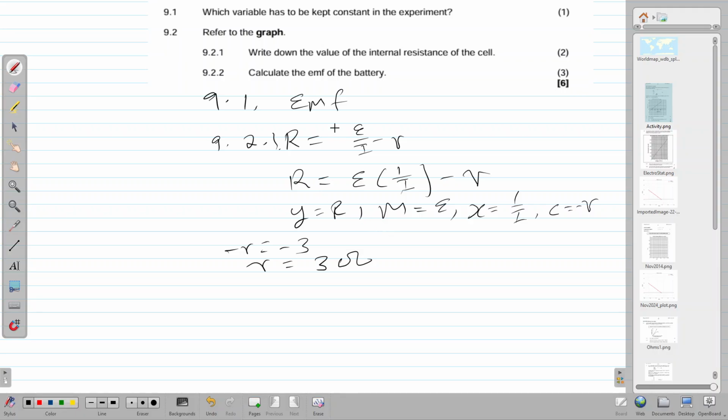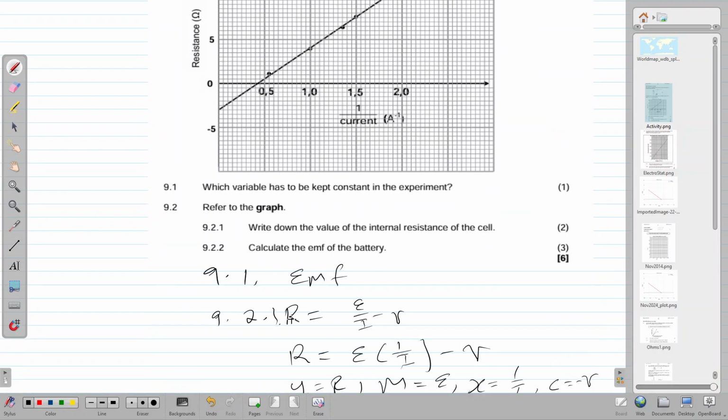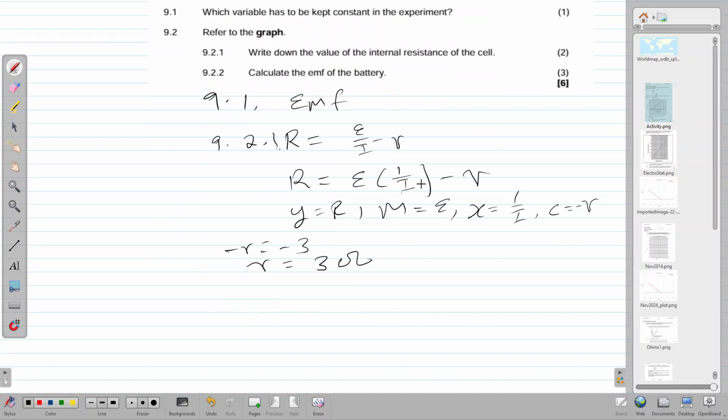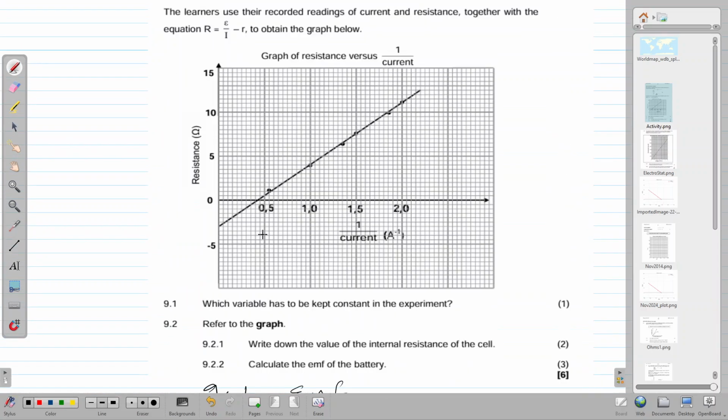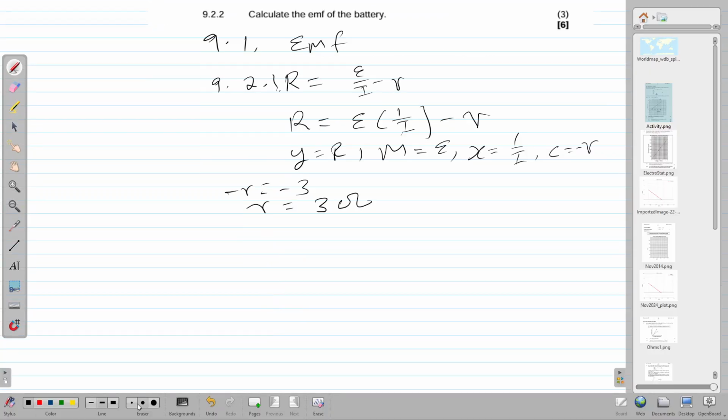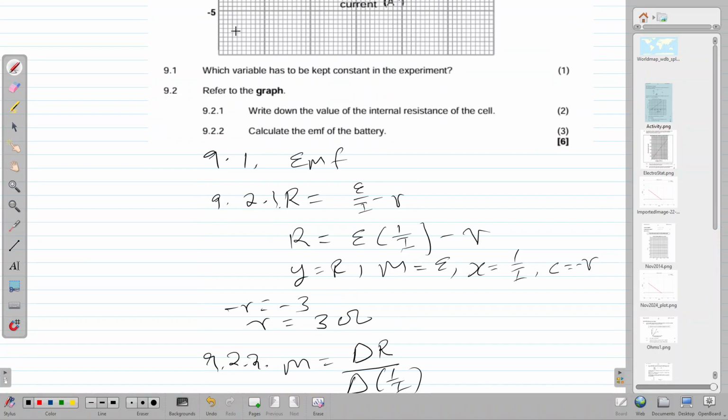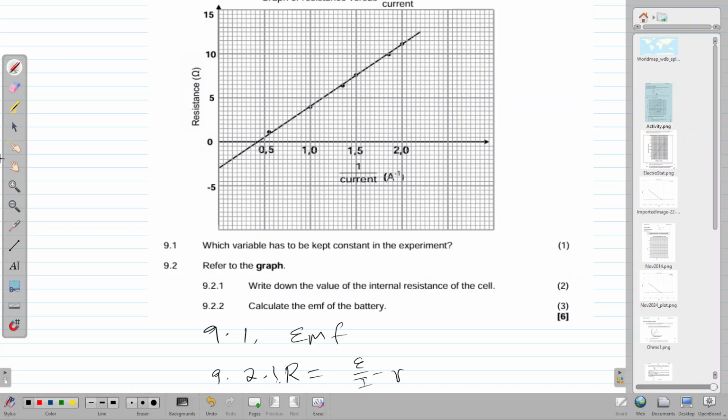And then 9.2.2 is asking us to calculate the EMF of the battery. We've already linearized the equation, so all we have to do for R versus 1 over I is calculate the gradient of this line. Let's go on and calculate it. For 9.2.2, the gradient is the change of the variable on the y-axis divided by the change of the variable on the x-axis. We can select any points that we want.